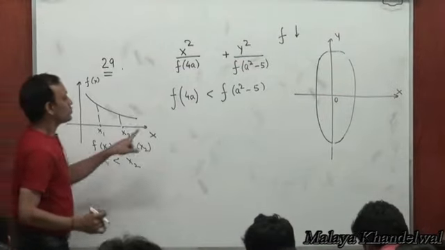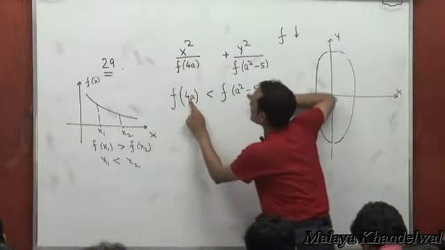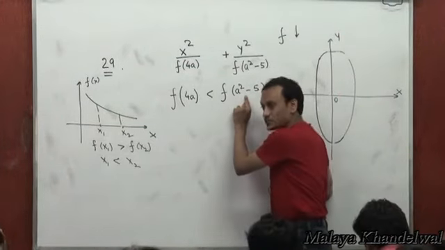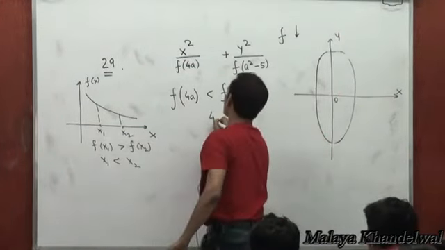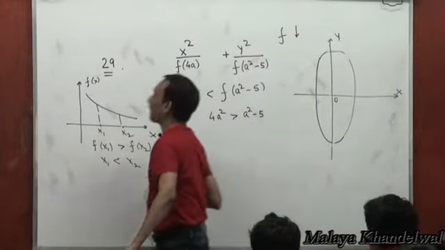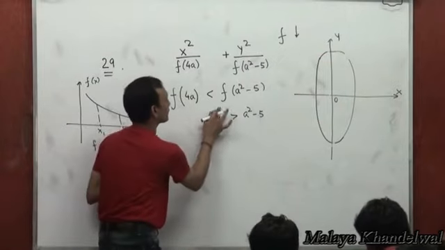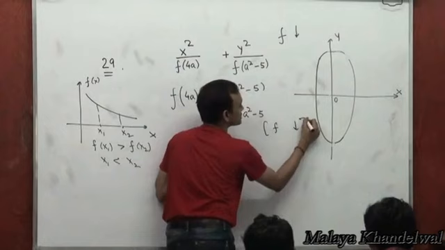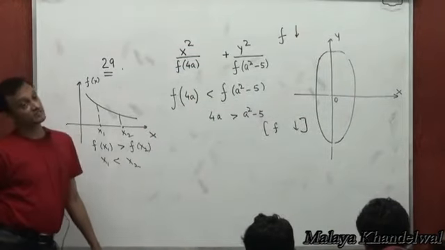Yes or no? So, if f of x1 is less than f of x2, then x1 must be larger than x2. Then 4a must be larger than a squared minus 5, because f is a decreasing function of x.